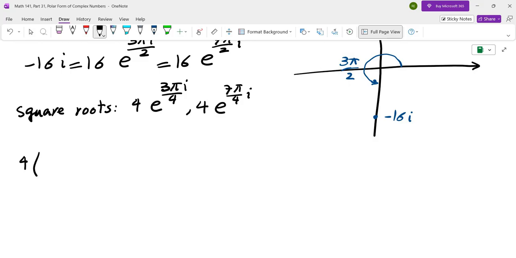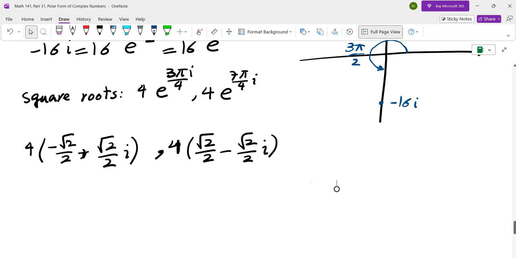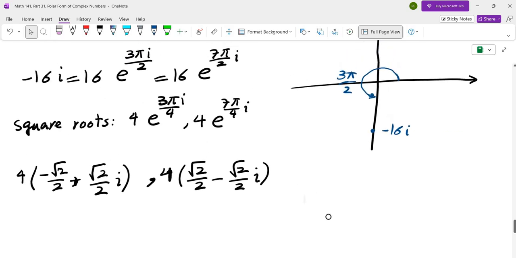The first one is 4 times cosine of 3 pi over 4. 3 pi over 4 is in the second quadrant, so cosine is negative, negative root 2 over 2, and sine is positive, so plus root 2 over 2 i. And the other one is 4 times, well, cosine is positive, so root 2 over 2, and sine is negative, minus root 2 over 2 i. So that's what we get for the square root of negative 16i.